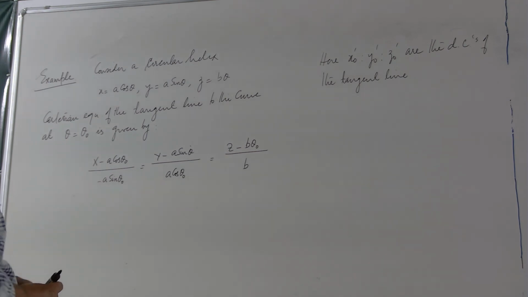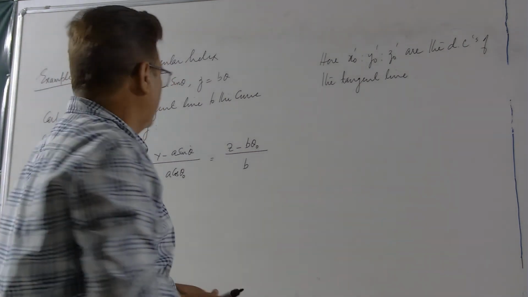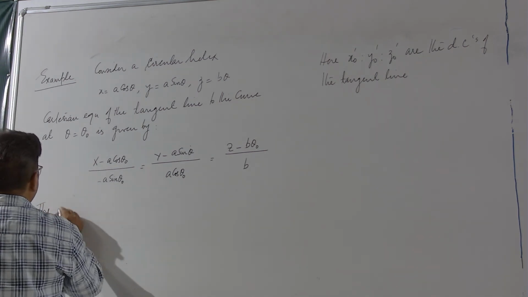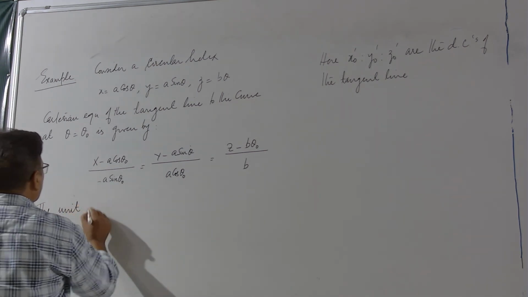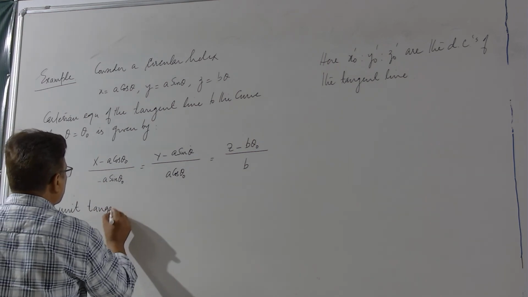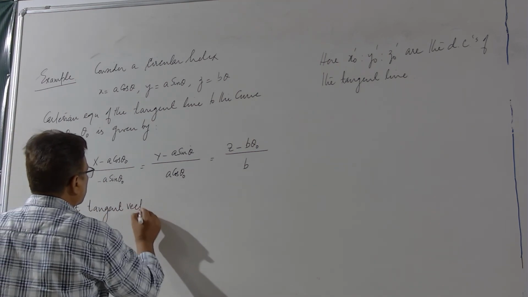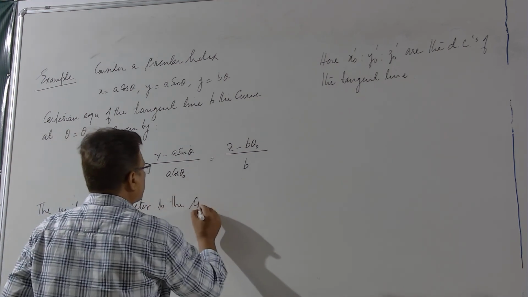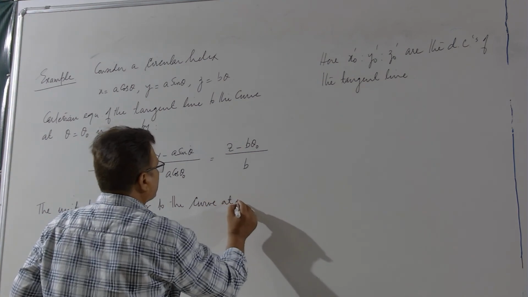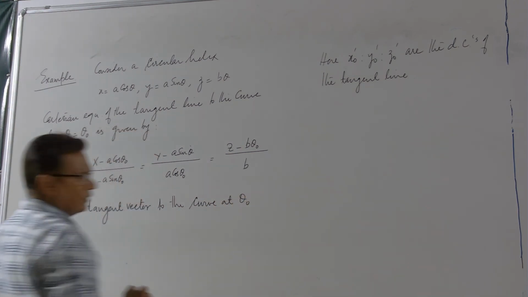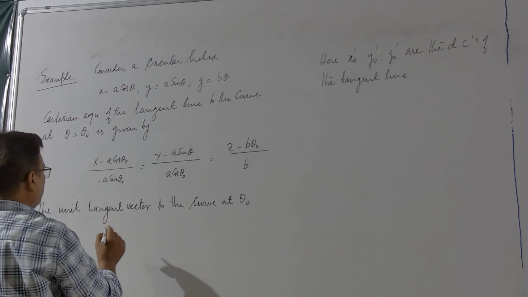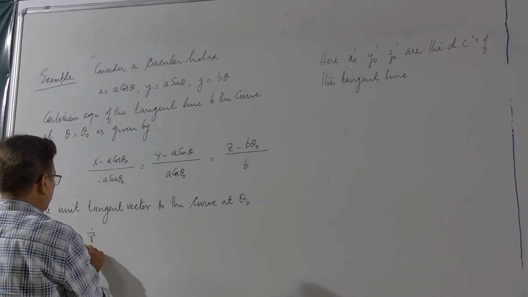And if I ask you what will be the unit tangent vector to the curve at say theta naught, it is r dot upon mod r dot.